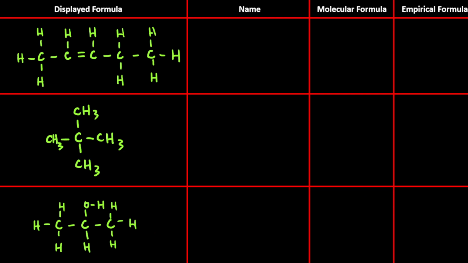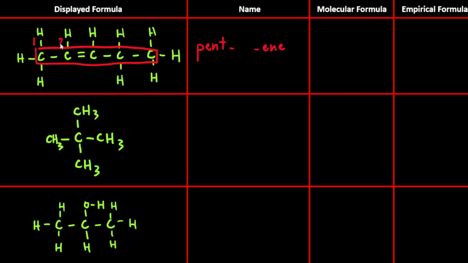Alright, so let's try to name our displayed formula given here, okay? So right now, let's find our longest carbon chain, which is going to be this one here, right? Okay, so how many carbon atoms? 1, 2, 3, 4, 5. So this is going to be pent. And I know that there is a double bond here, so it's going to end in -ene. So where is my double bond located?